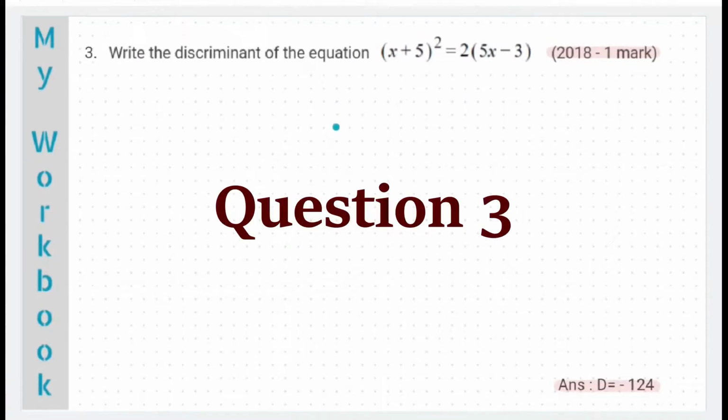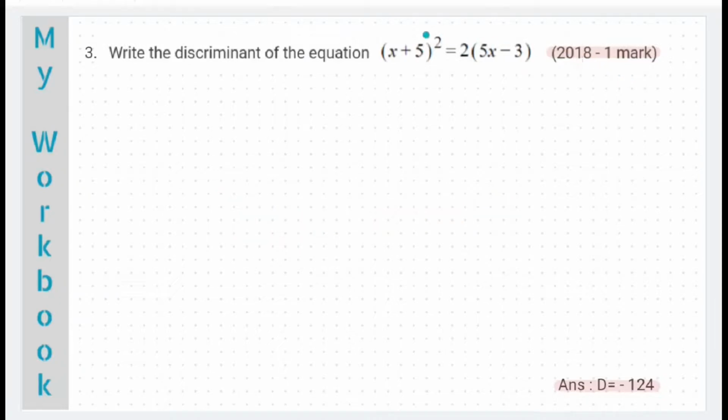Write the discriminant of the equation x plus 5 the whole square is equal to 2 into 5x minus 3. It was a question asked in 2018 board exam for 1 mark. Now to write the discriminant, first the equation has to be in the general format, which is ax square plus bx plus c equal to 0.